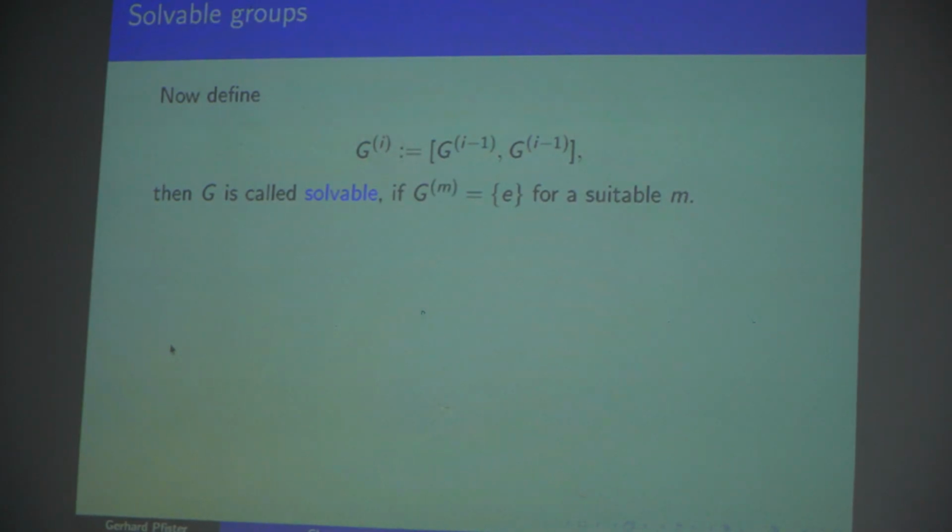The definition is again: if you end up after a while with a trivial group, then the group is solvable.